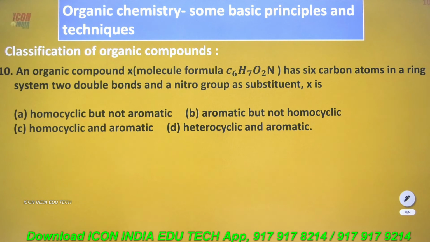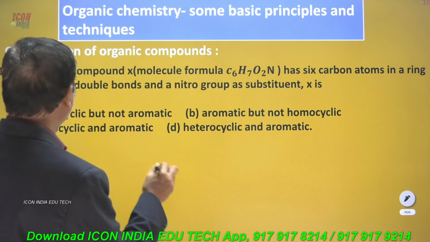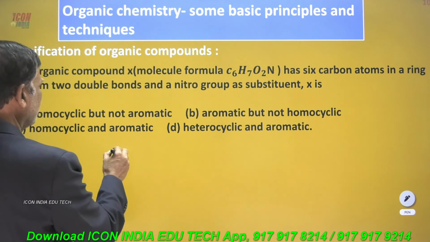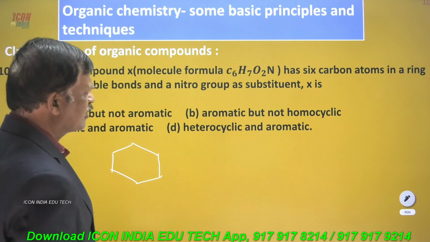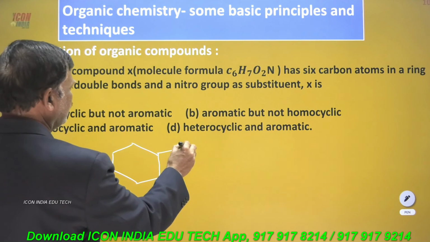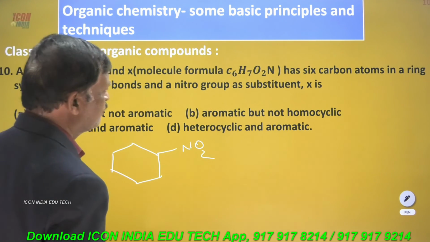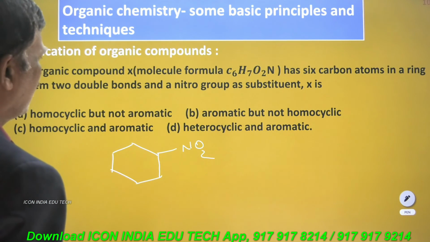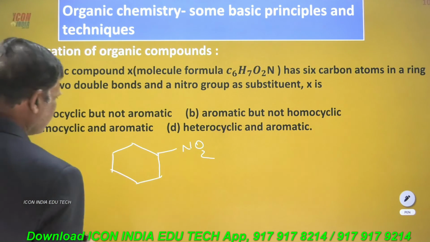Now, what is that organic compound? Whether it is homocyclic or heterocyclic, aromatic or not aromatic. Please work it out. It's very important. A 6 carbon ring. Substituent is NO2. They said C6H7, 7 hydrogens. So in the ring system, 2 double bonds only.